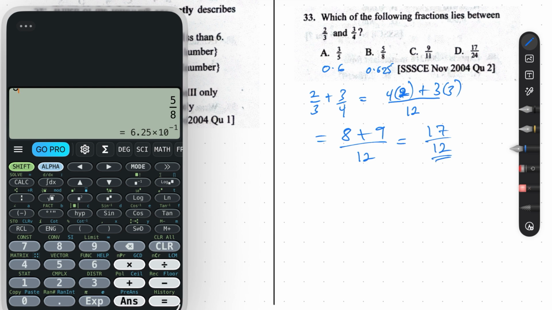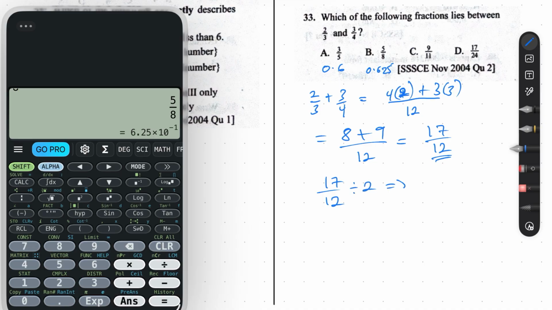Now, to find the number that lies exactly between them, we need to divide this 17 over 12 by 2.